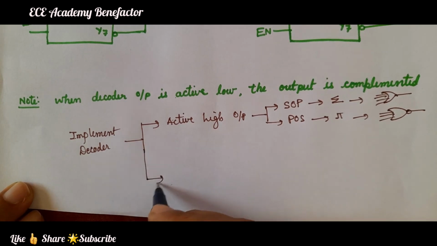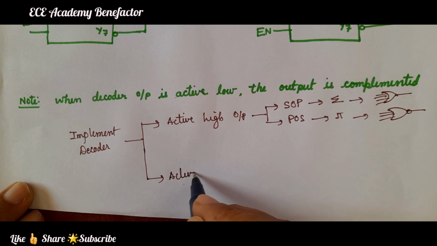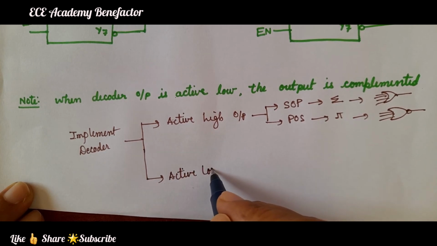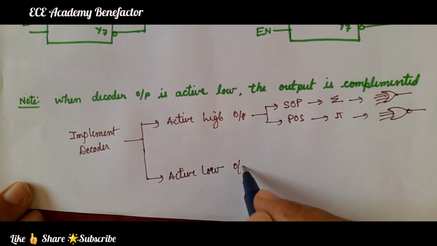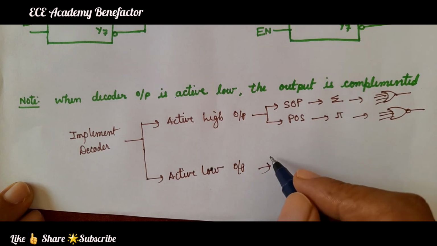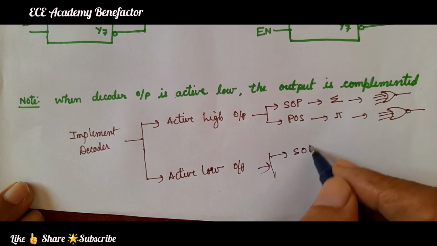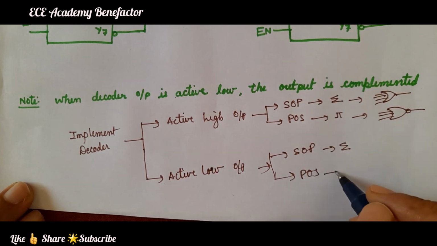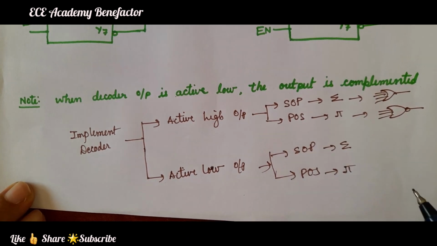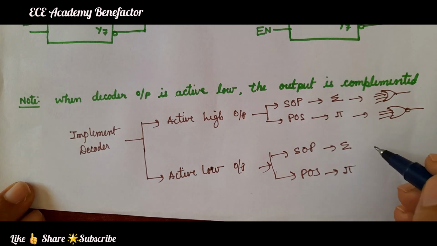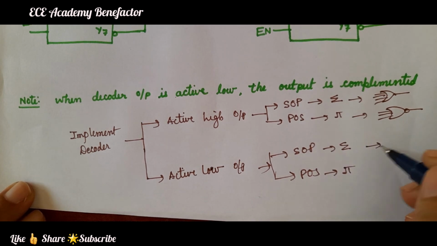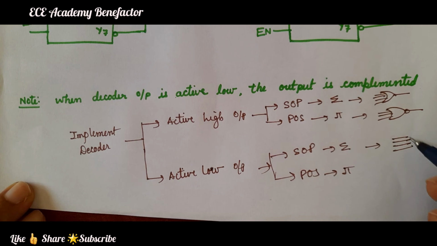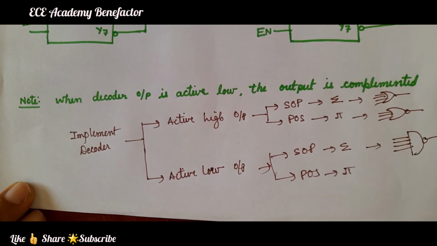The second condition is when the output of the decoder is active low. When active low, it can have two conditions, SOP and POS form. SOP is symbolized by summation sign, POS is symbolized by pi. For SOP form, the outputs are active low and are connected to a NAND gate.